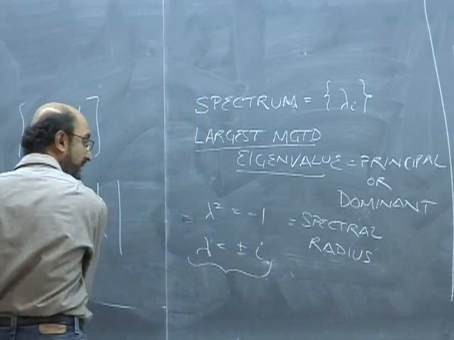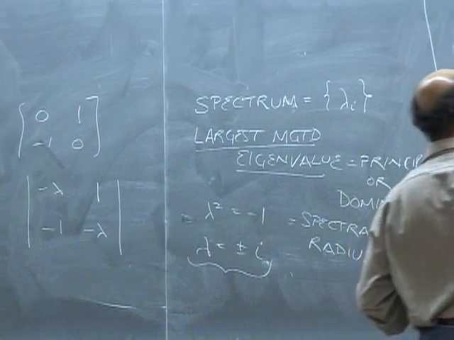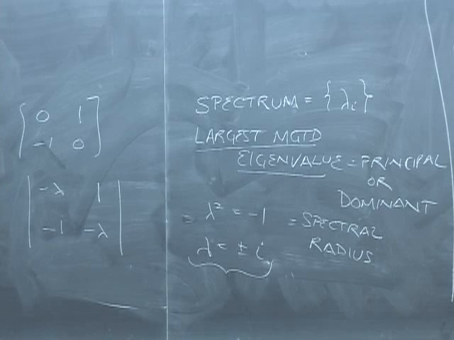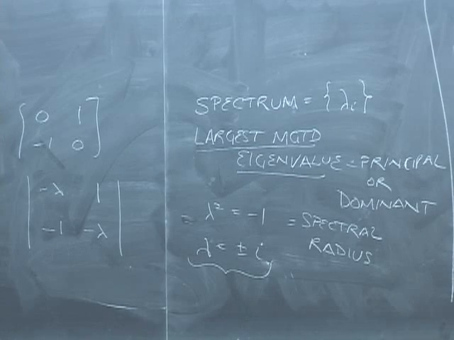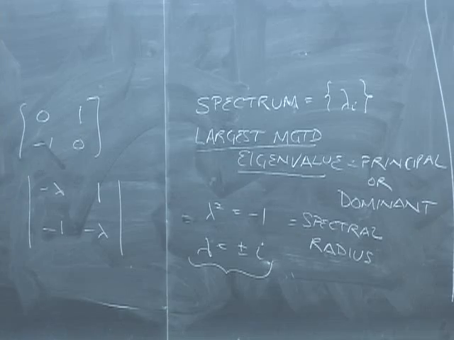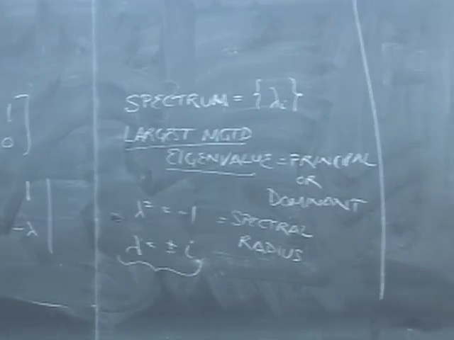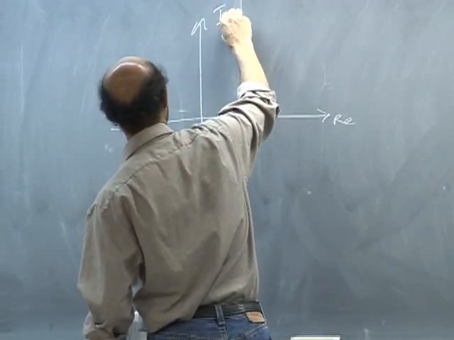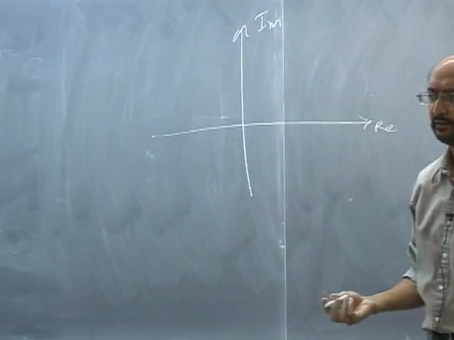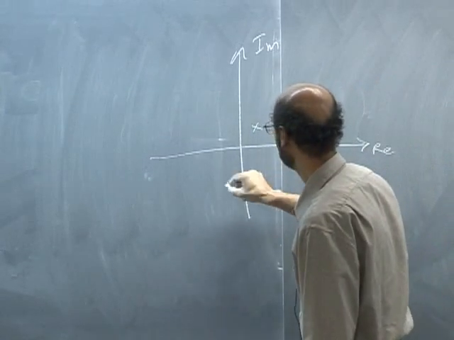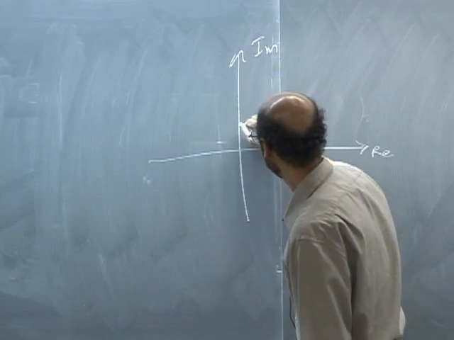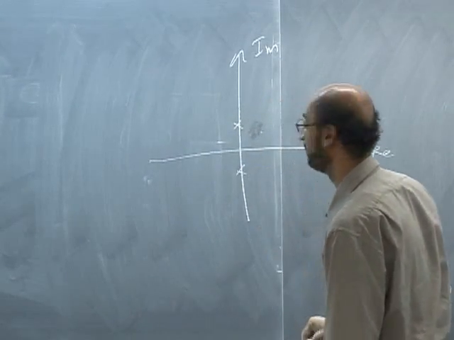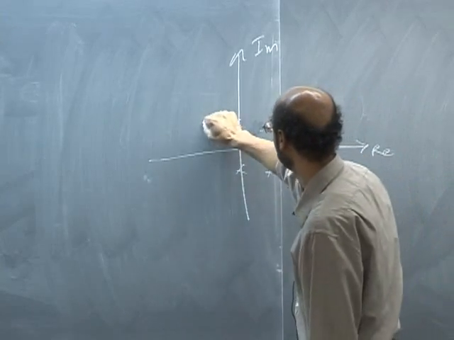Now, why do we give it these names? The reason is the following. If we draw the complex plane, with the real axis over here and the imaginary axis over here, all these eigenvalues are going to be somewhere on the complex plane. For example, plus or minus i means that we have eigenvalues over here, and we could have other eigenvalues as well.